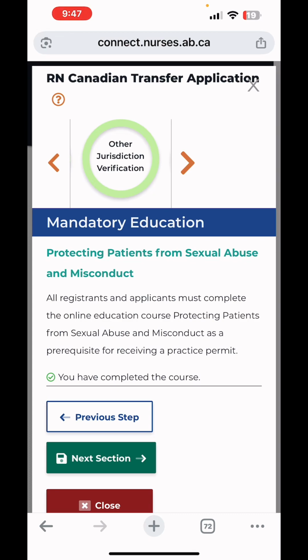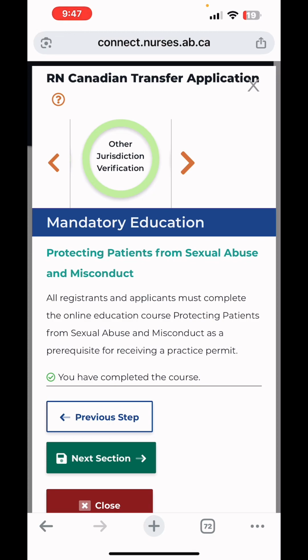You need to fill that form, and in the form they will ask which jurisdiction you need verification for, so you will put just Alberta. They will automatically send their results to CRNA. So that is how this jurisdiction verification would be done.